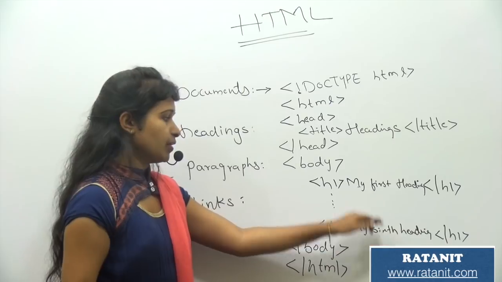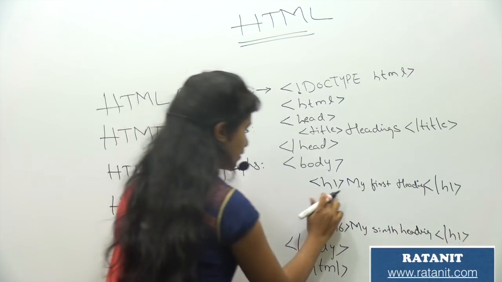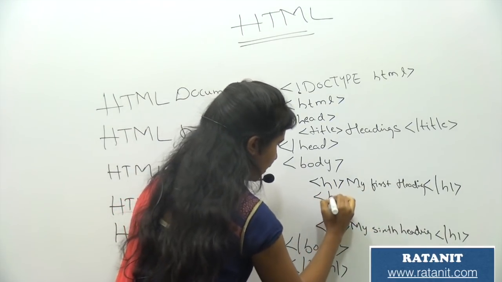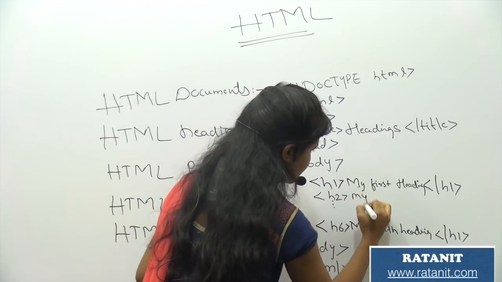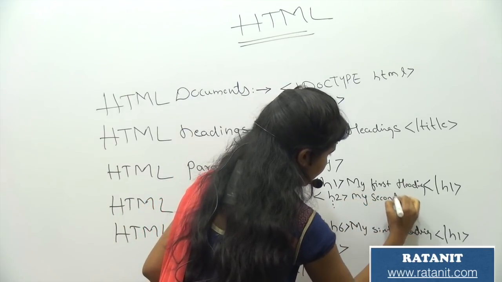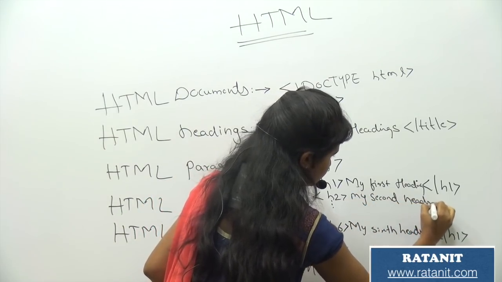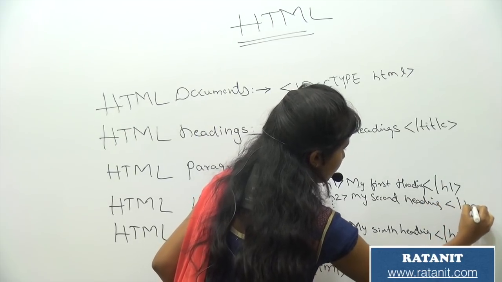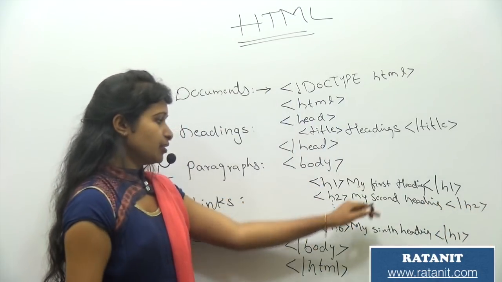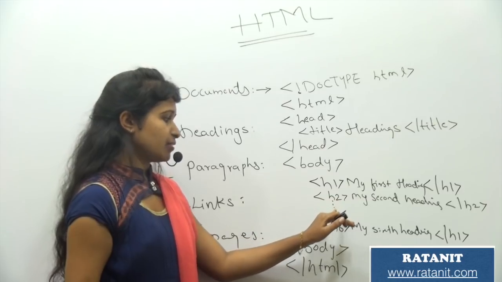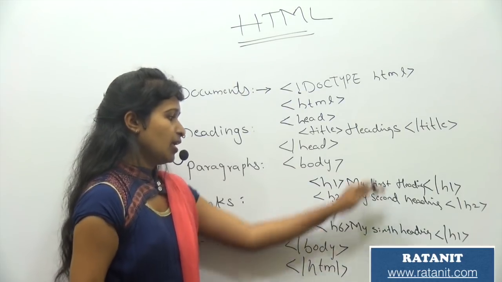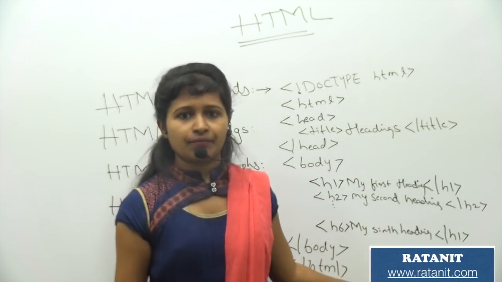Like that, we have 6 different tags. This is H1 and I have H2, my second heading, and I am closing my H2. And like this follows H1, H2, H3, H4, H5, H6. Like that we have 6 headings.